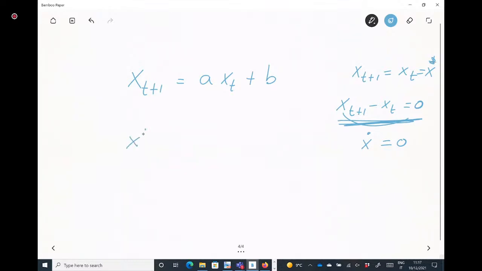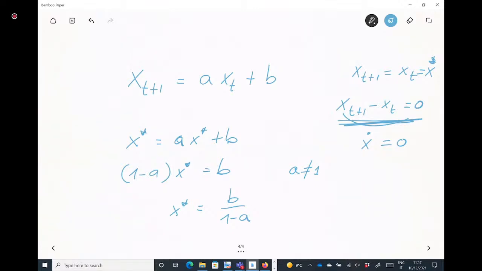So replace: x is equal to ax plus b. Move this to the left, 1 minus a times x is equal to b. And provided that a is different from 1, x star is equal to b over 1 minus a. This is the way we find steady states in difference equations.